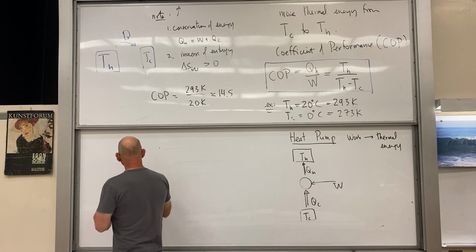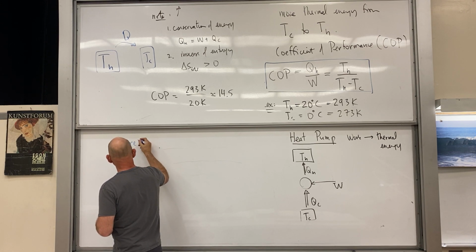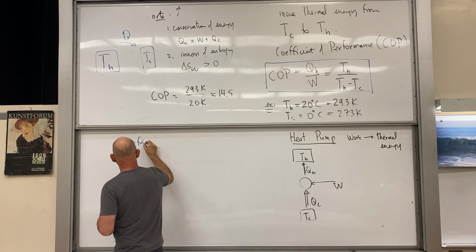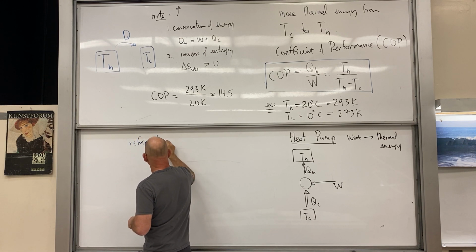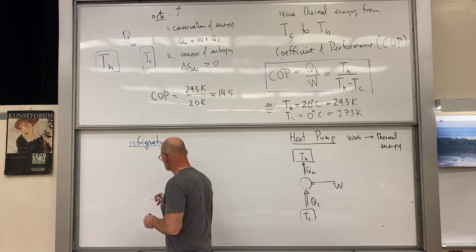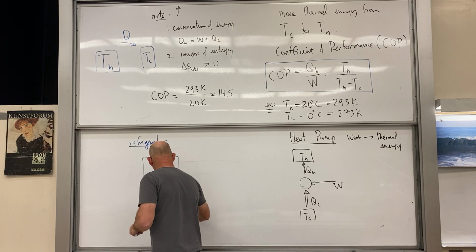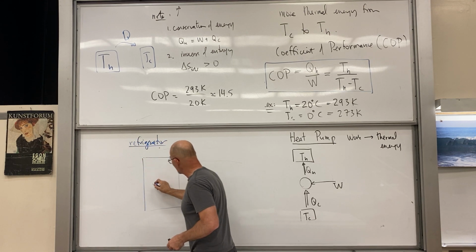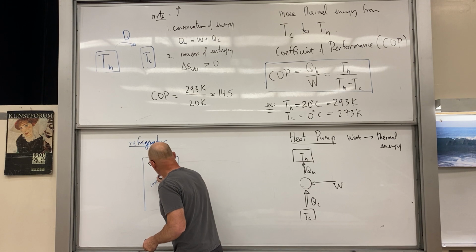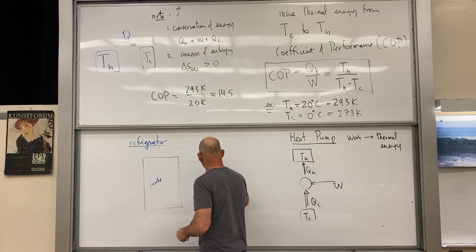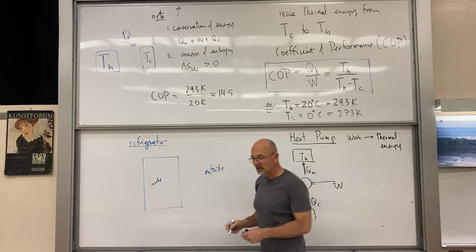So I will schematically do this for a refrigerator. Okay. So a refrigerator, very schematically, it's a box here. So this is inside, and this is outside, for starters, okay?